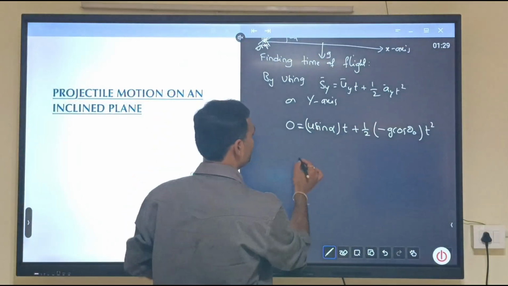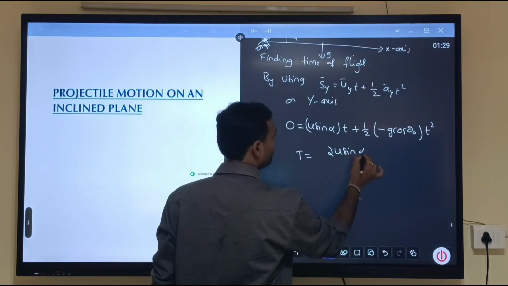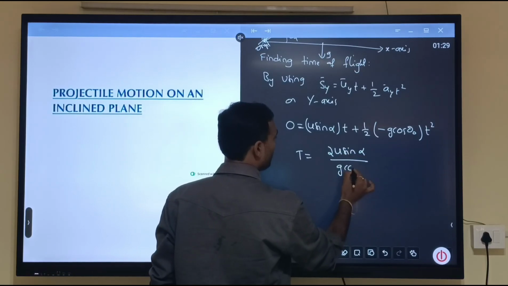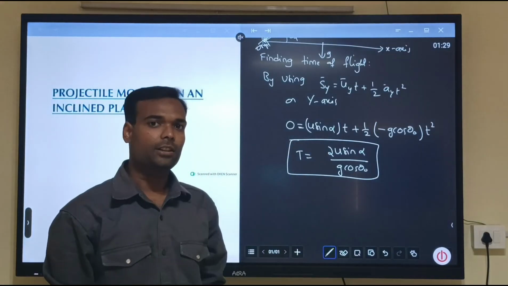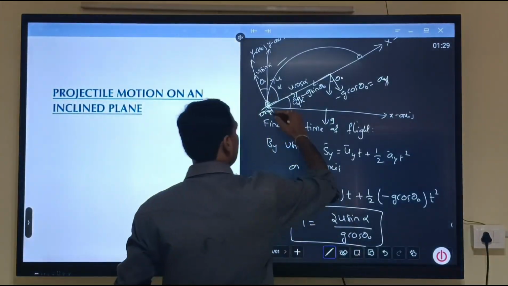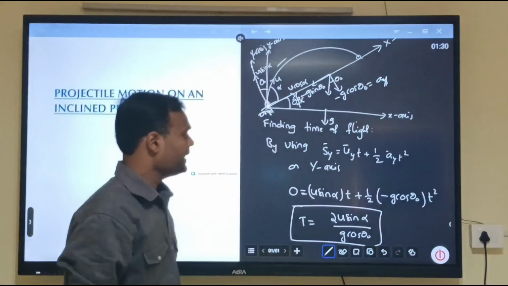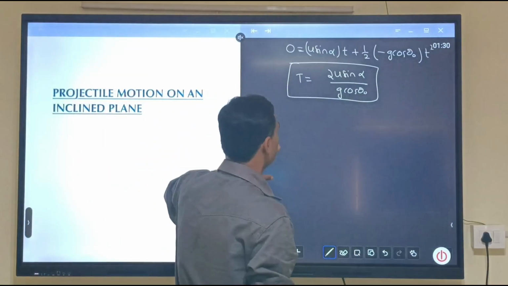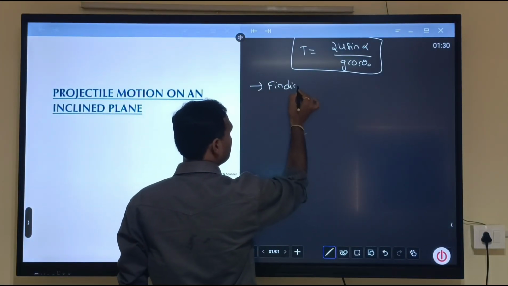Now time of flight therefore t is equal to 2u sin alpha by g cos theta naught. Now this is the time taken by the projectile on inclined plane to travel from this point to this point. Right?